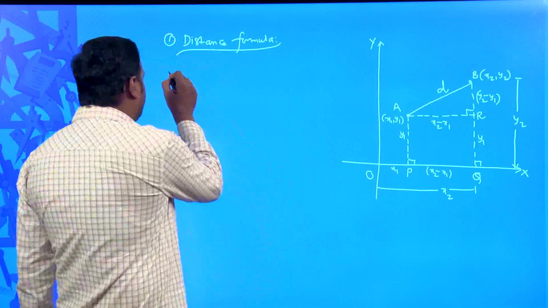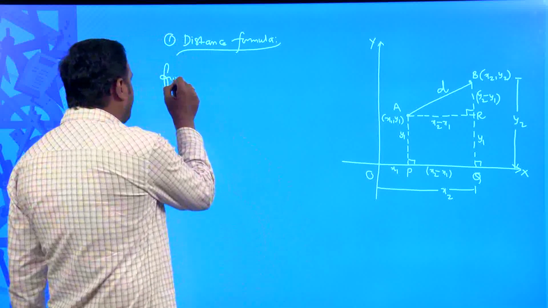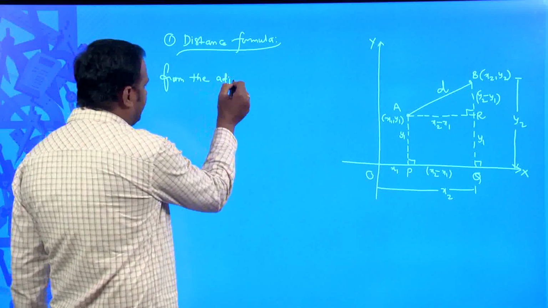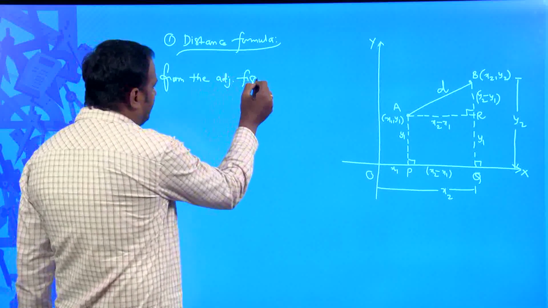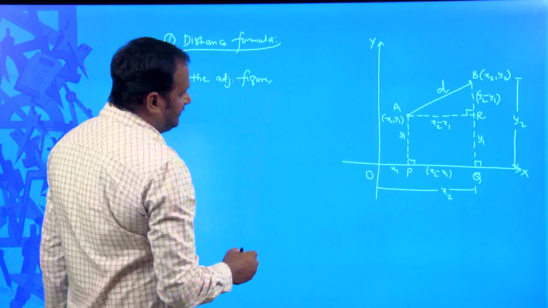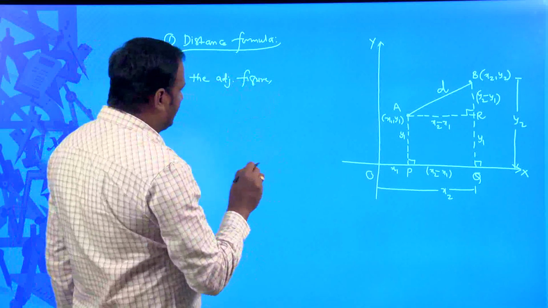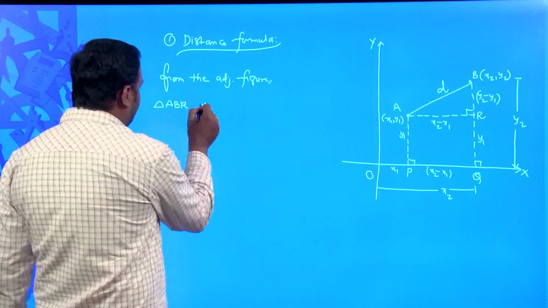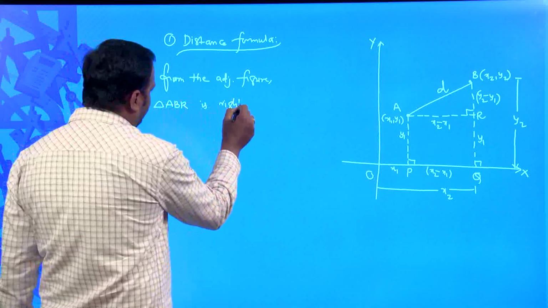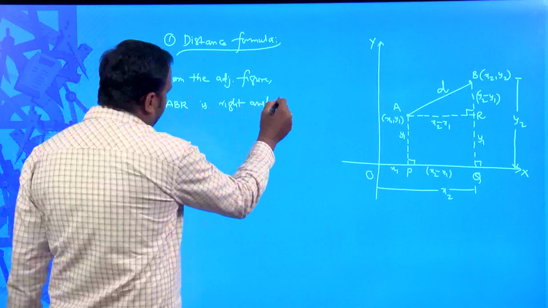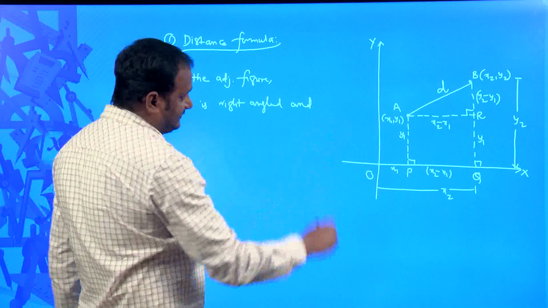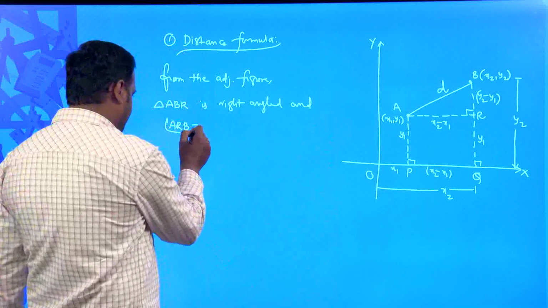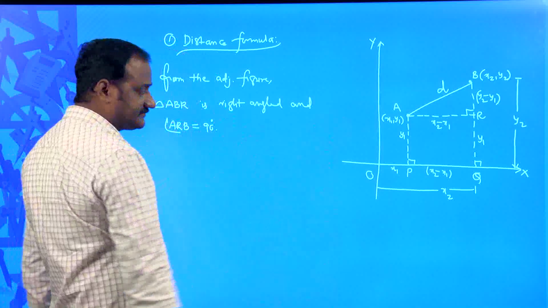So from the adjacent figure, triangle ABR is right angled, with the right angle at R, and angle ARB is equal to 90 degrees.